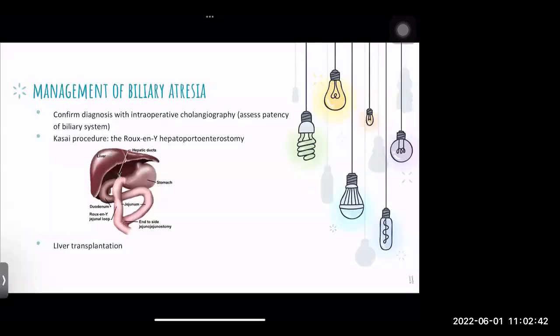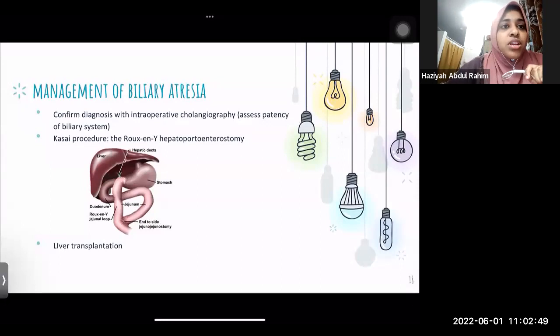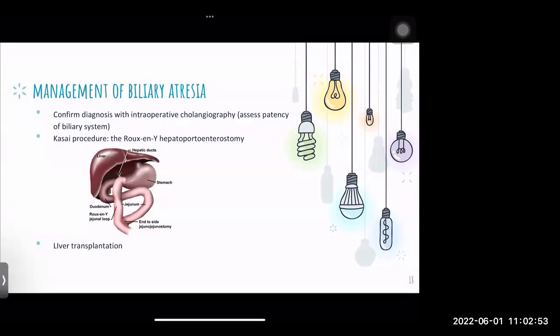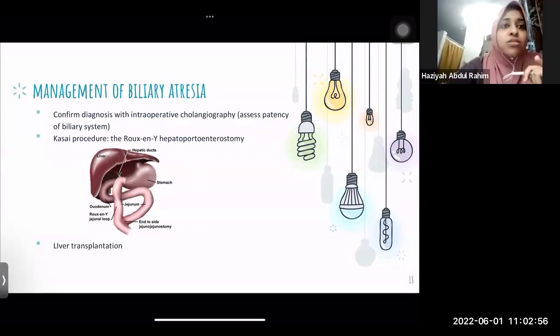Okay, Hazia, what's the most important thing in approaching a child with jaundice? We want to find out the causes and also severity. So what's the most important thing to ask about in finding out the causes?